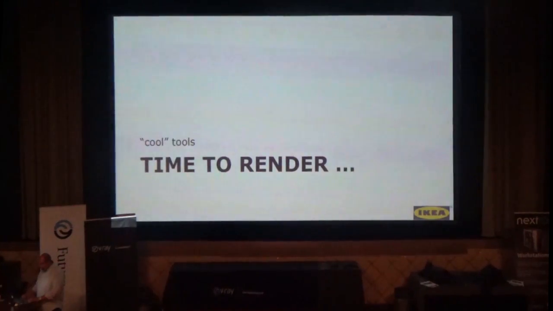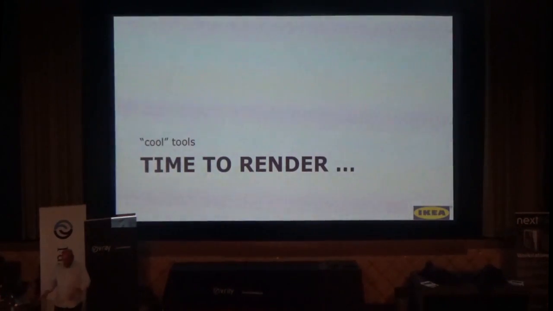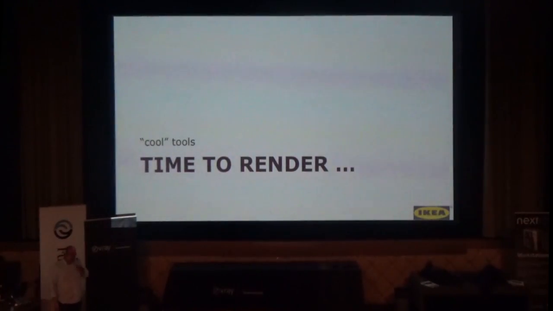Getting further, we go to the render part. By now you saw our 3D model library, you saw the textures, you saw the materials. Now it is time to render. Several years ago, we created a cloud render farm, and it was a very good solution. It worked.